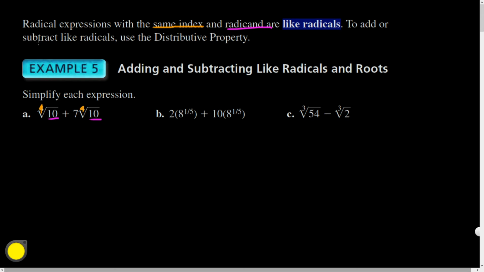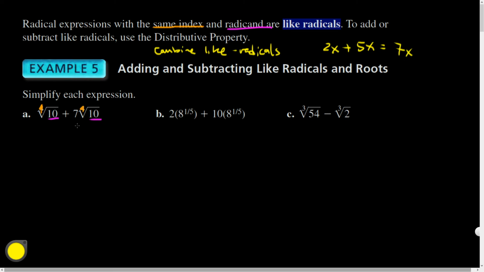And to add or subtract like radicals, use the distributive property. That's one way to think about it. I'm just going to say combine like radicals, just like we used to combine like terms back in the day. If I have 2x plus 5x, that was 7x. Same idea.